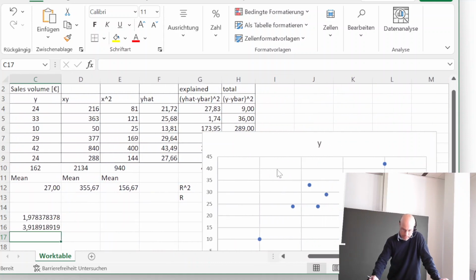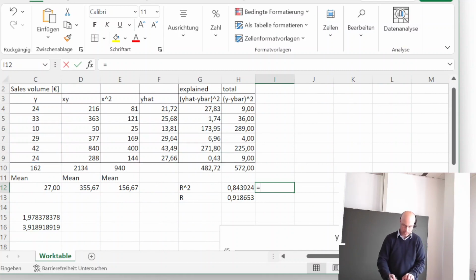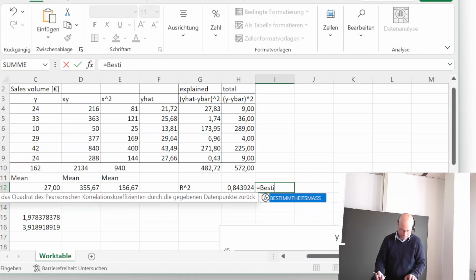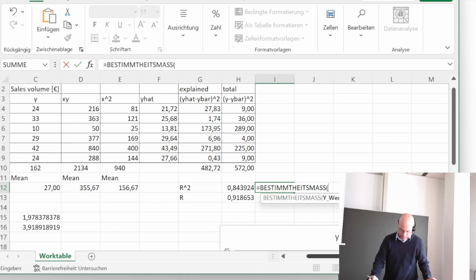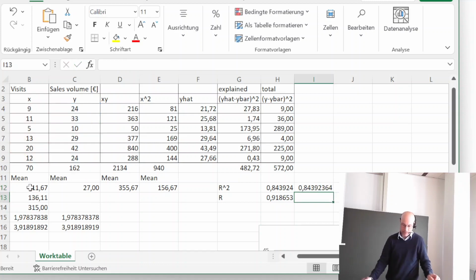So then we want to calculate our determination coefficient. This is called in German Bestimmtheitsmaß. And again, the y values and x values, and we are done.